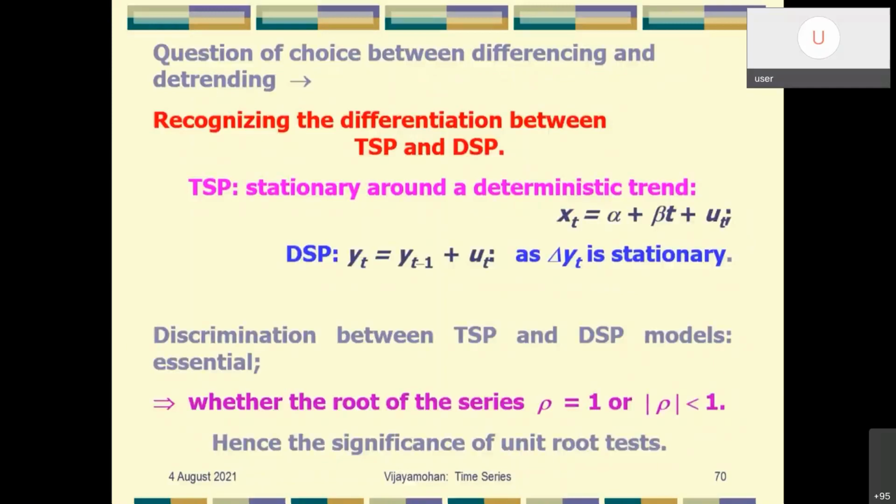Now there is a question of choice between differencing and detrending. We have seen that if we have a DSP series, Sir, actually, I have gone through a paper of Maddala and Wu. In that paper, sir, they have said that Phillips Perron and ADF tests are not that powerful tests of testing a unit root.